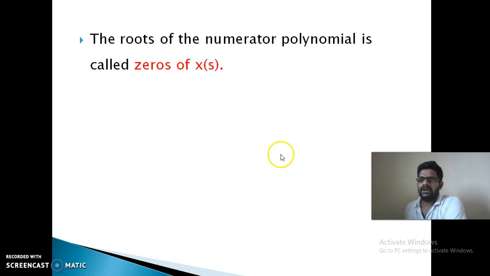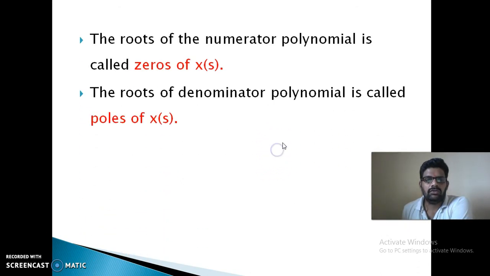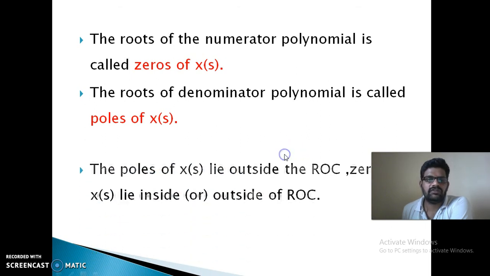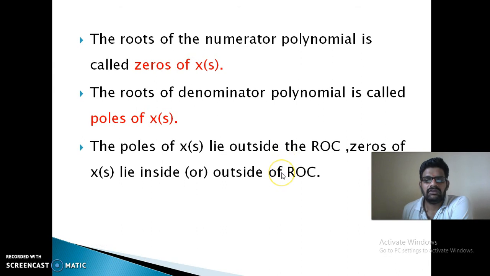The roots of the numerator polynomial are known as zeros. Similarly, the roots of the denominator polynomial are known as poles. The poles and zeros define the stability of the system. They have very unique importance. If you modify the zeros, you get some modification in the passband characteristics, that is, some oscillations in the characteristics.